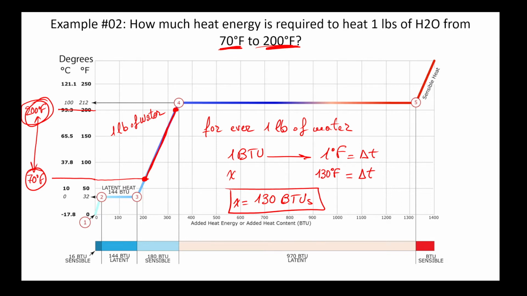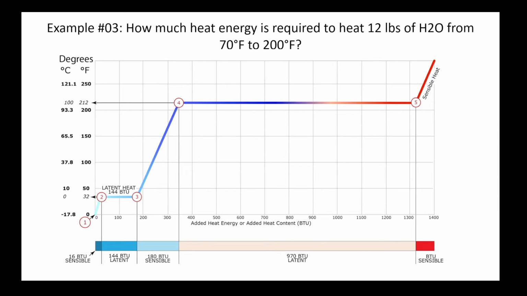Our next example, example number 3, is how much heat energy is required to heat 12 pounds of H2O from 70 degrees to 200 degrees Fahrenheit.